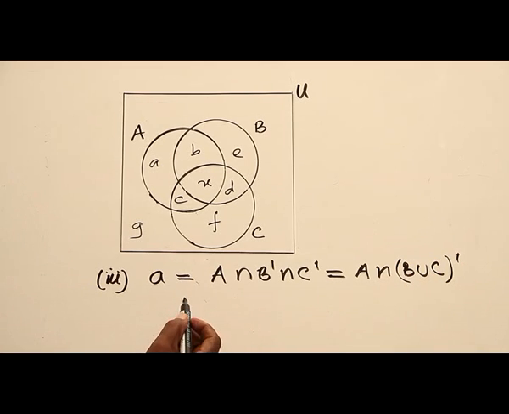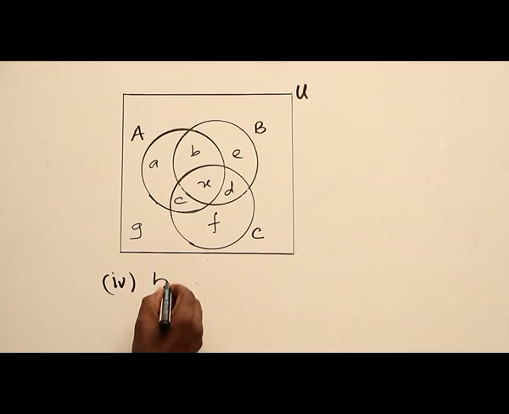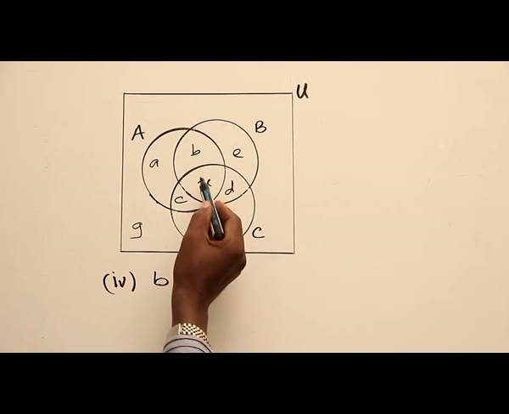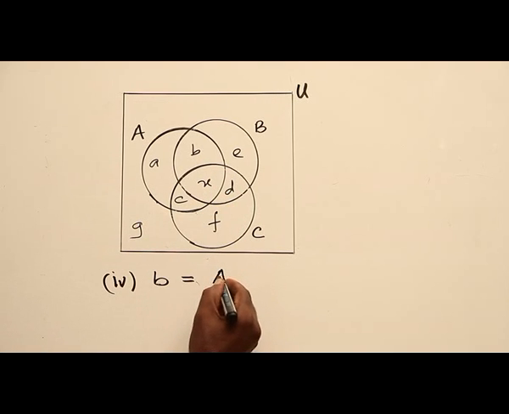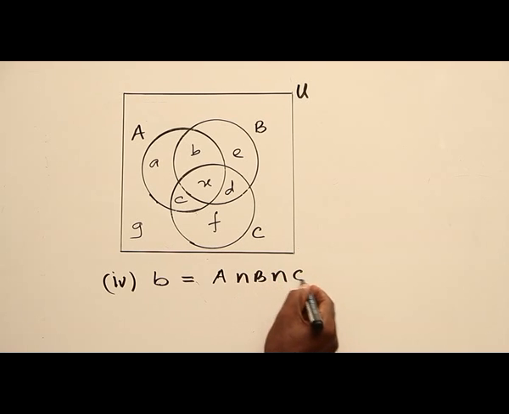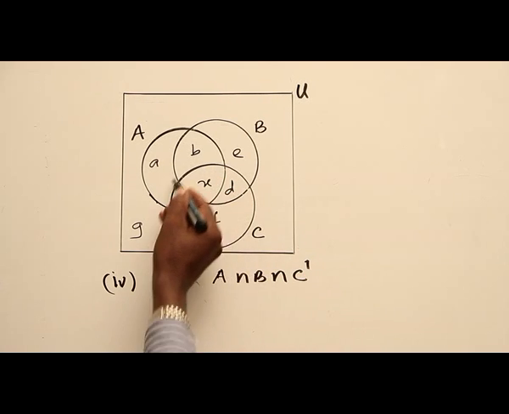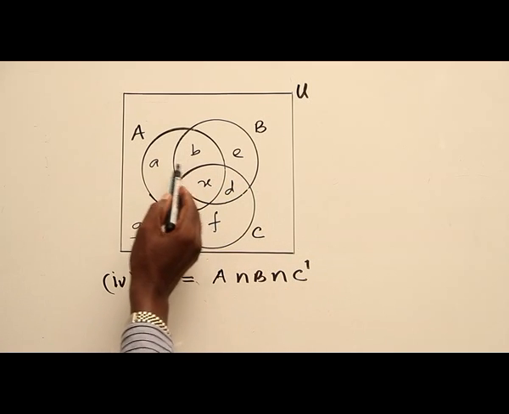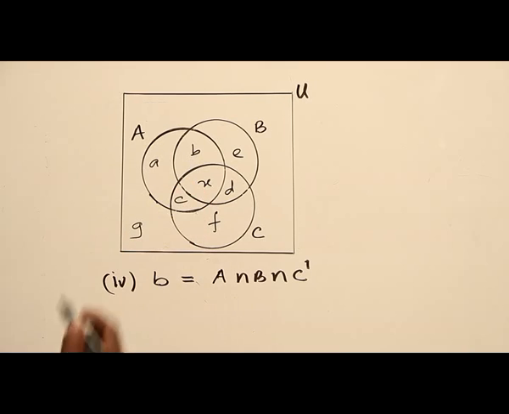So this represents the compartment A as far as this case is concerned. We look at the compartment B. B here involves the intersection of A and B, so we have A intersection B, then intersection the complement of C, because it's outside C. So this represents the portion lettered B.